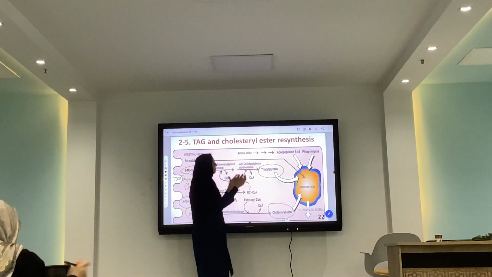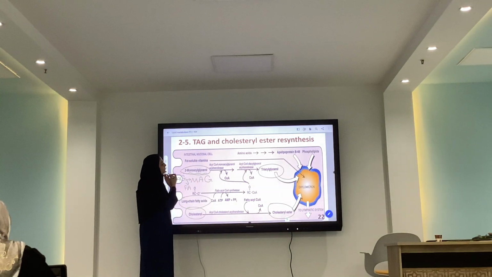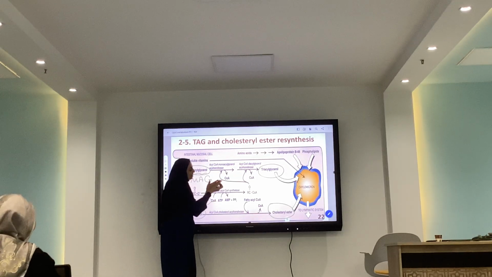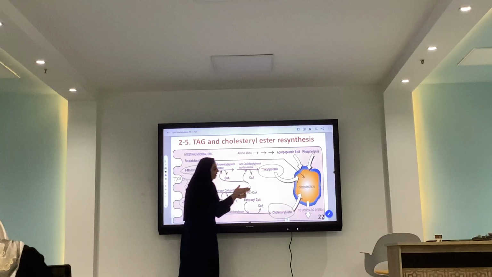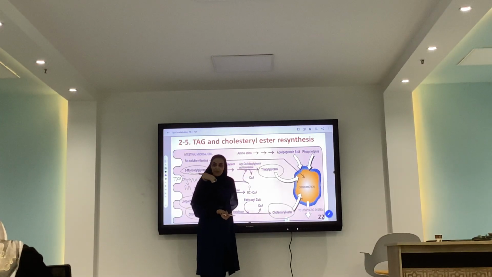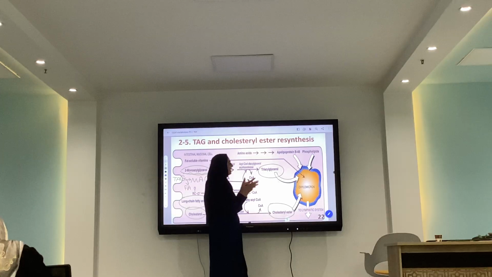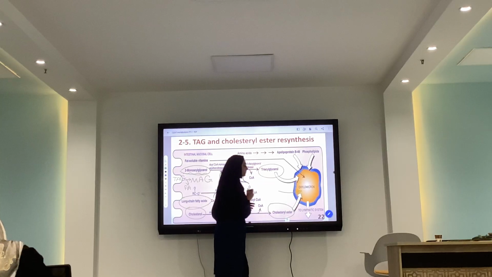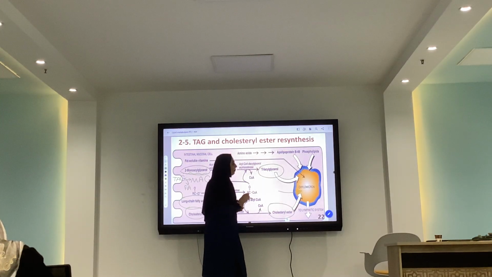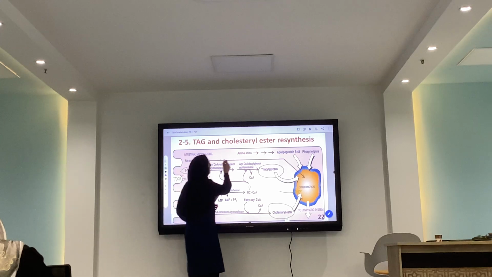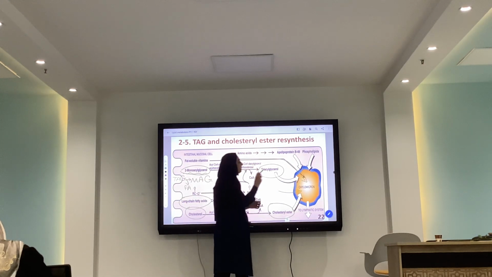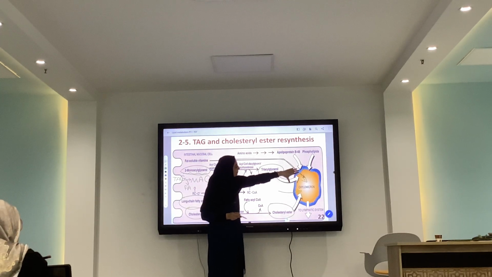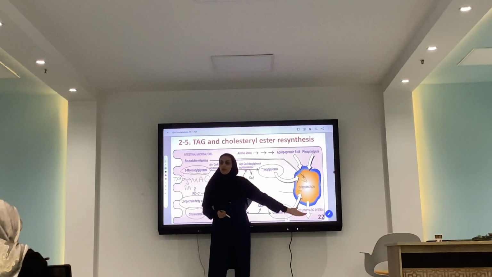What is this? The TG that was broken down to fatty acids, the fat soluble vitamins, the cholesterol, the phospholipids that were broken down in previous steps, they gather together in the enterocyte and enter chylomicrons. Because these chylomicrons want to enter the blood circulation, they should be soluble.